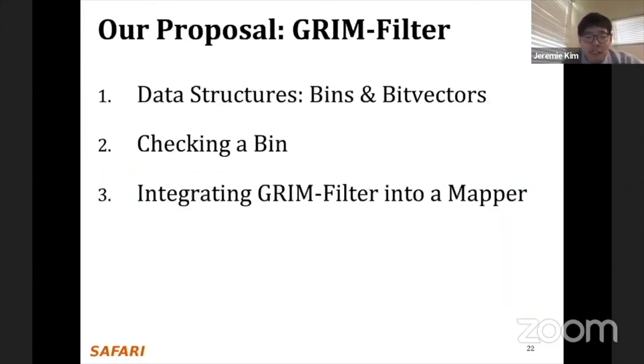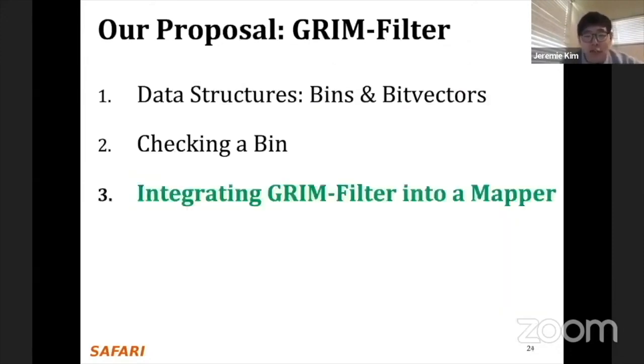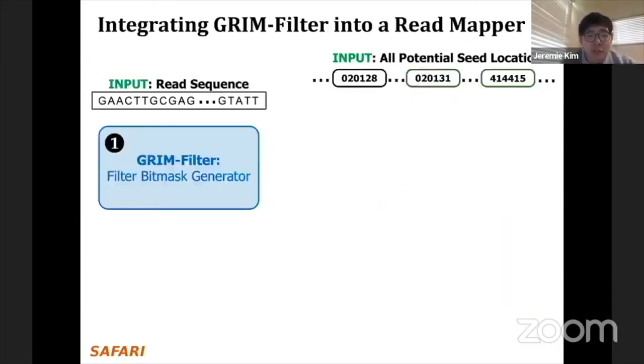So how would we integrate GRIMFilter into a full ReadMapper? GRIMFilter takes in a read sequence and all the potential seed locations as input. And remember, these potential seed locations are taken from the output of querying the hash table.